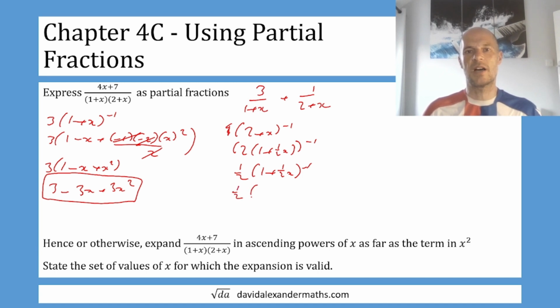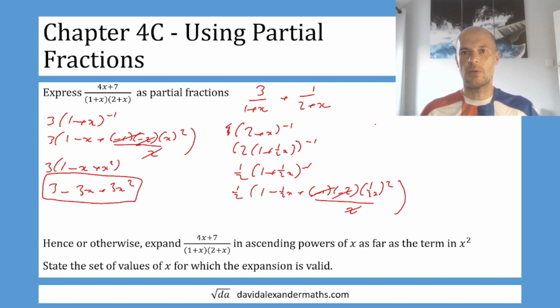In other words, it's 1/2, 1 minus 1/2 x plus (-1)(-2), (1/2 x) all squared over 2, and the -1 and the -2 will cancel out with that 2. So what we're getting is 1/2, 1 minus 1/2 x plus 1/4 x squared.